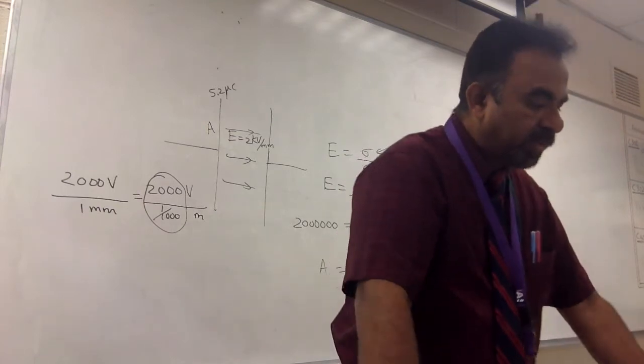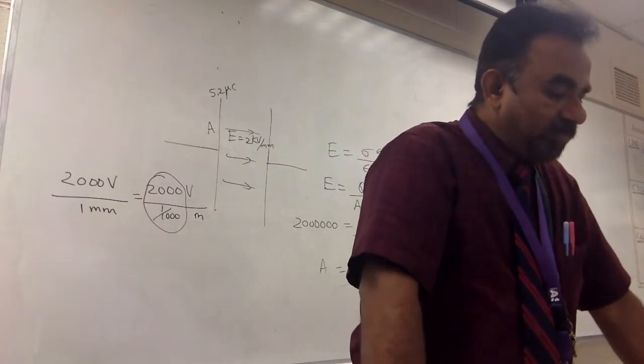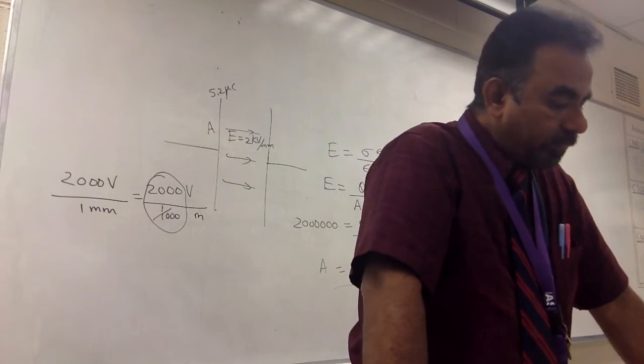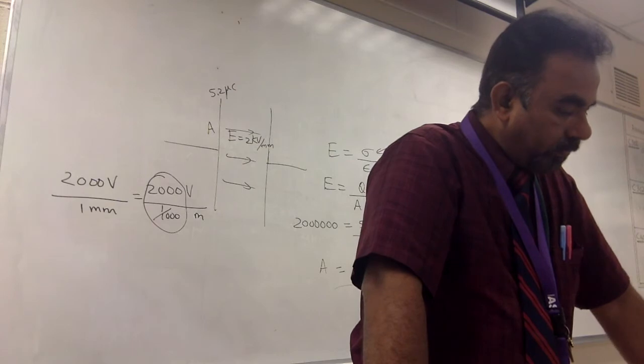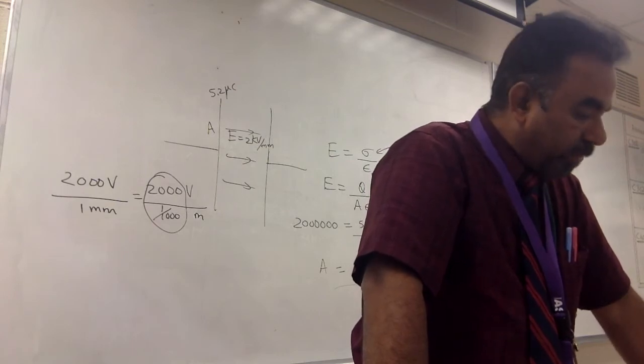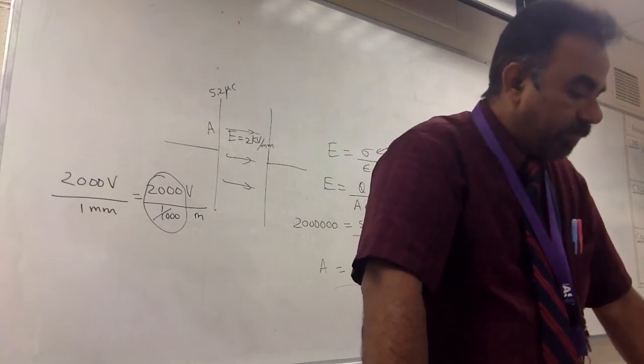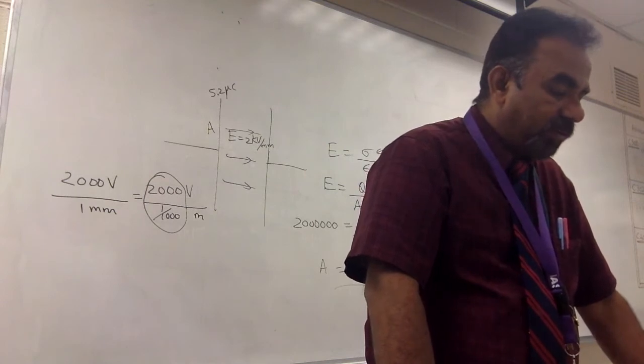A 9,500 picofarad capacitor holds a charge of 16.5 times 10 power negative 8 coulombs.